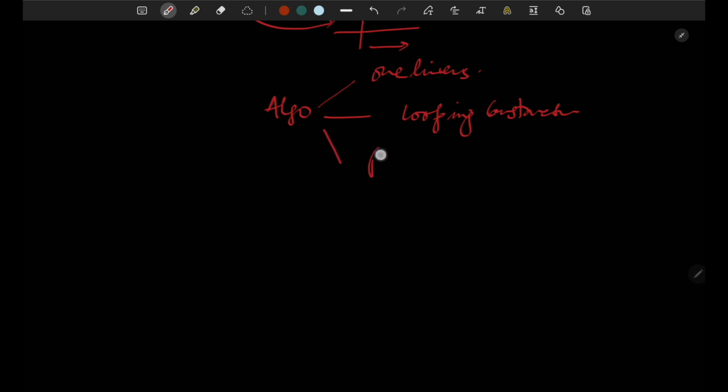Then we will have recursive calls. Looping constructs can also be understood as iterative calls. Except for the one liners, both of these two are responsible for the time taken by your algorithm in the calculation of the time complexity.